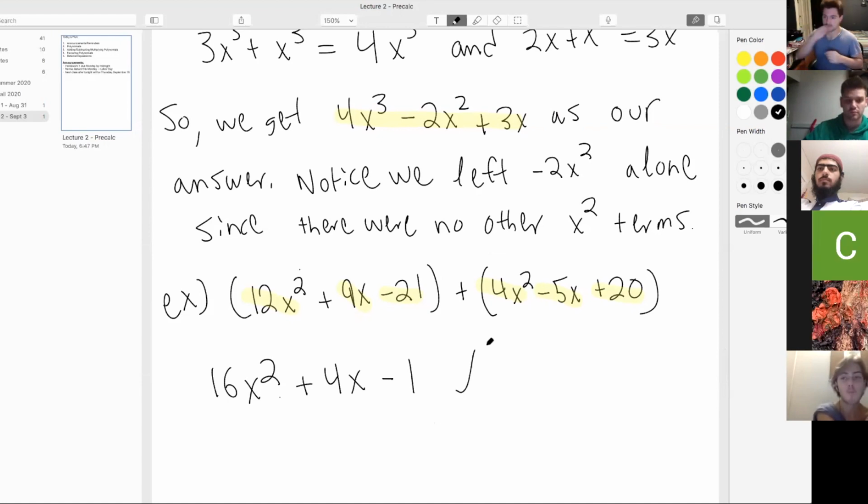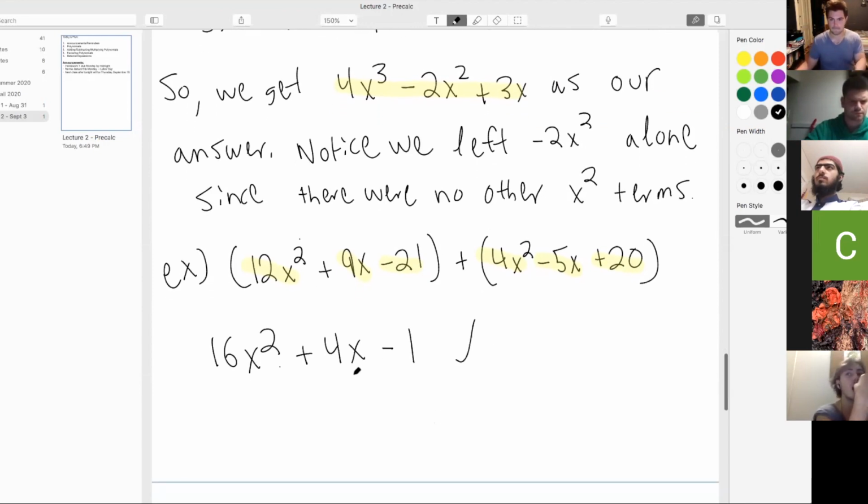Can I ask a question? Of course. If there was a singular negative x and a singular positive x, does that cancel out, so there's no longer an x in the expression? Absolutely, yes, exactly. Let's demonstrate what you just said.